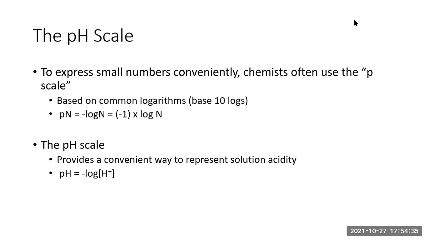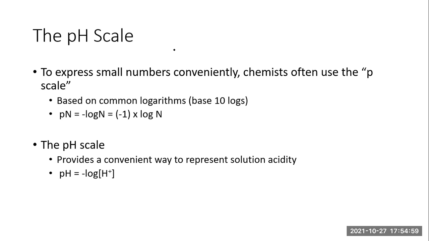And the pH scale basically runs from 0 to 14, where below 7 is basically acidic.